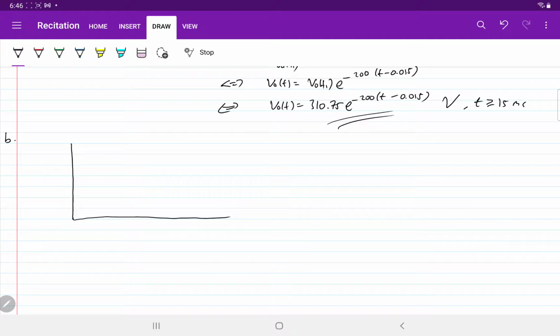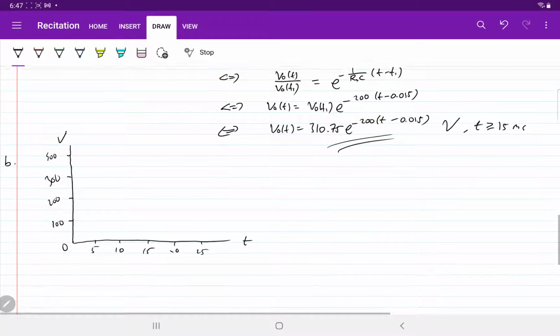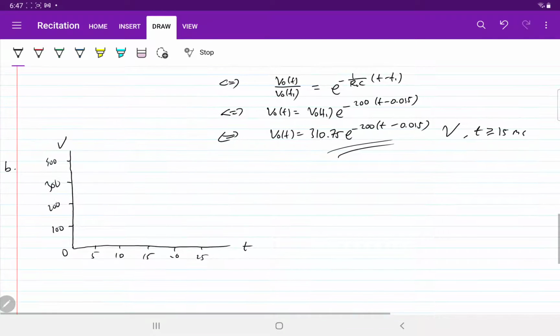So we have V and t, with time 5, 10, 15, 20, 25 and so on, and the voltage 100, 200, 300, 400. On the y-axis is the voltage, on the x-axis is the time. We have a critical time when t is 15.